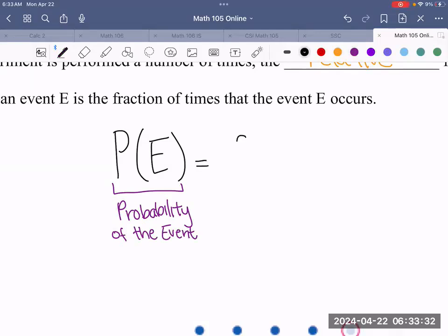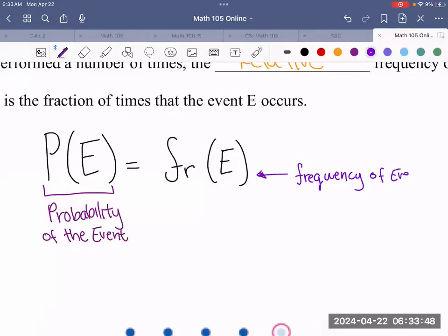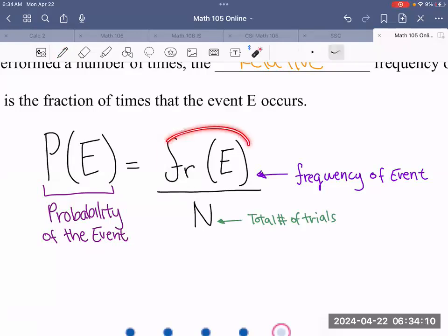It is equal to FR of E, which is the frequency of the event, how many times the event occurred, over N, the total number of trials. How many times did you actually perform this event?